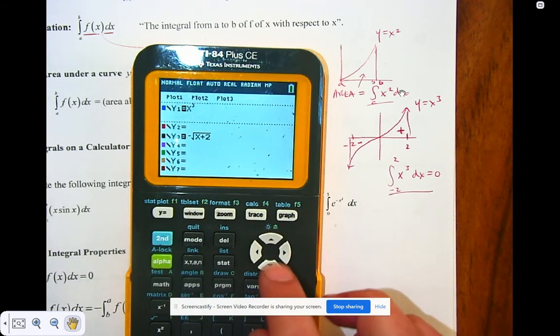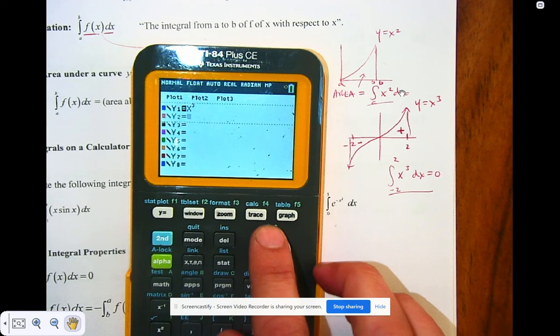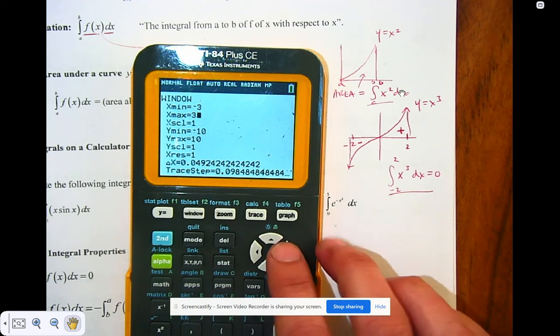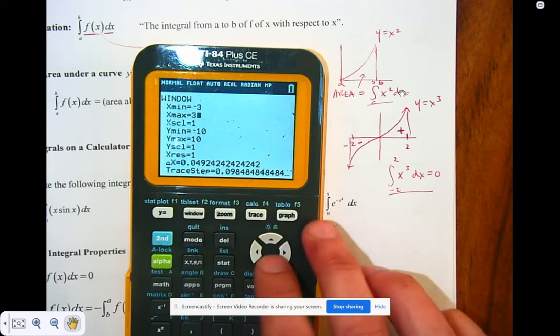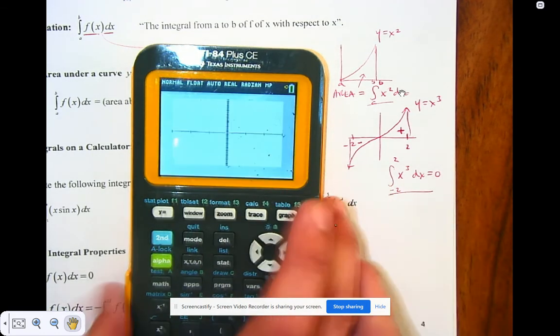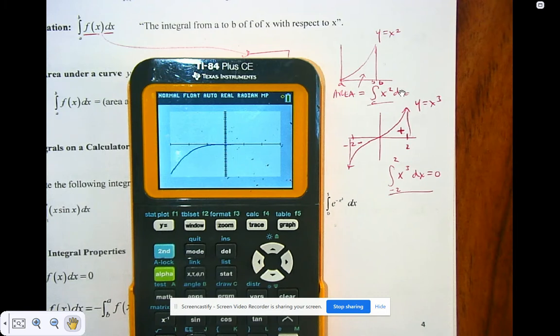Let's clear out any other functions, and let's change our window. Let's just go from -3 to 3. And if I cube 3, I'm up at 27, so I better go down to -30 and up to 30. So let's just look at our graph of y equals x cubed. Okay, and this kind of looks like what I drew.